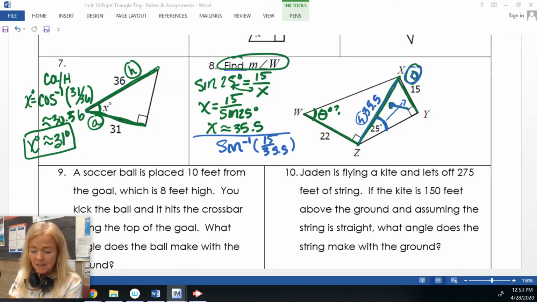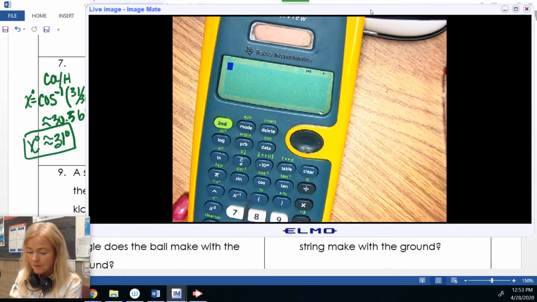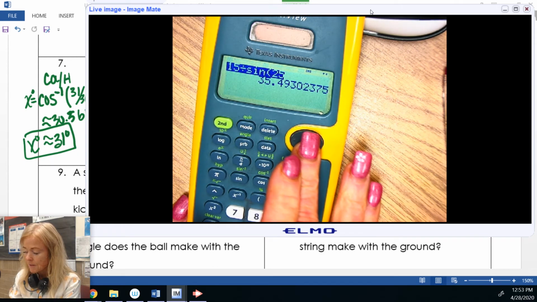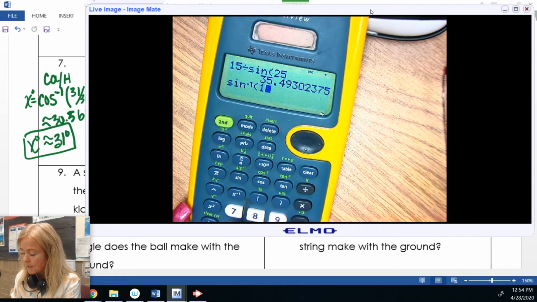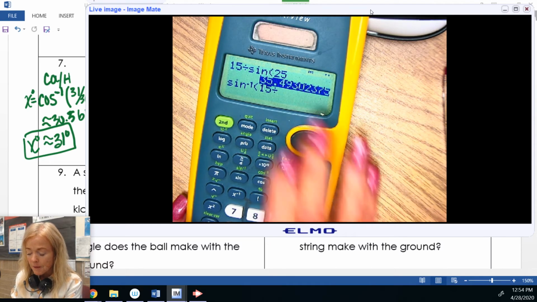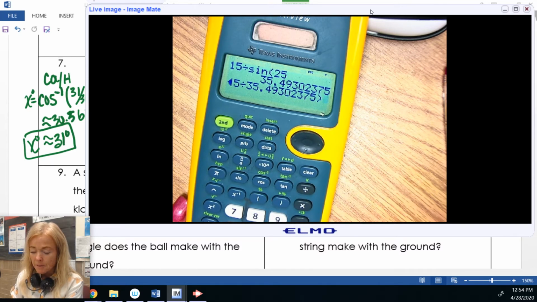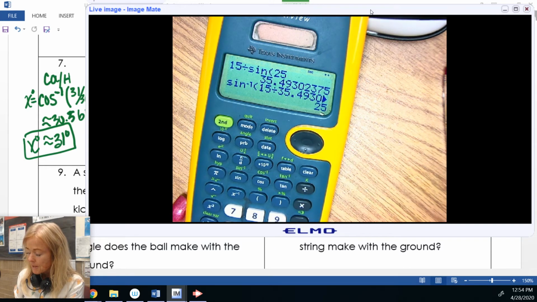Sine inverse of 15 over that number. Oh, I might have just cleared it. Oh, no, it's right there. Okay, so sine inverse, second sine, of 15 divide, and then again I'm going to arrow up and grab that number, hit enter. Make sure you hit the divide. All right, and it's 25.